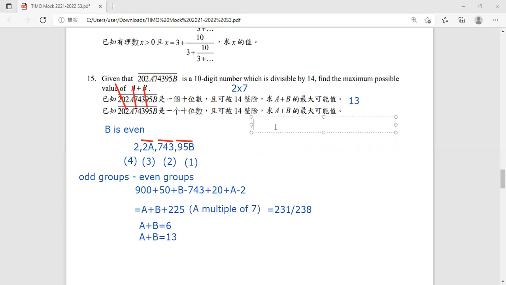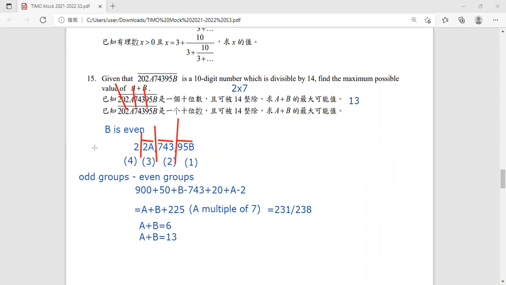Now, if you don't know how to do the method, I will do something like this. For checking if the number can be divided by 7 or not, you chunk the number from the right-hand side, each 3 digits. So there will be 95B one chunk, 743 one chunk, and 02A one chunk. But the 0 is discarded, so it's 2A, and the 2 is the last chunk.